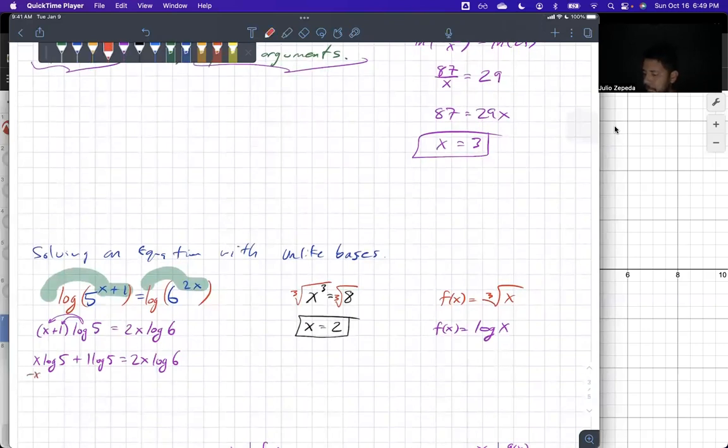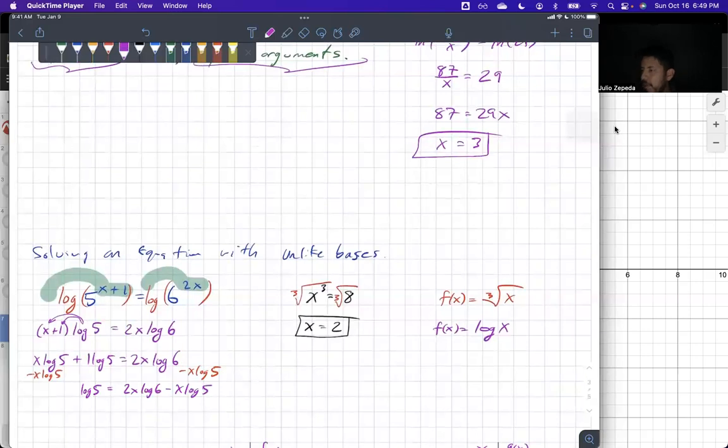So I'll subtract the x log 5 onto the other side of the equation.